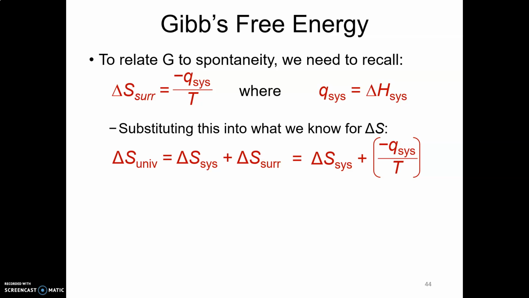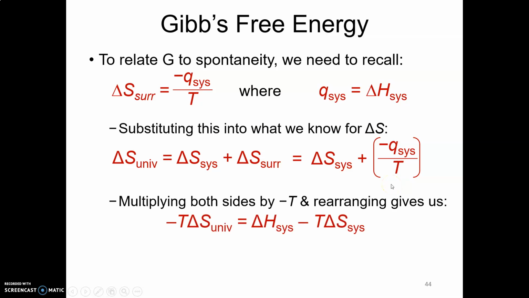We want to relate the universe to only one of the two, so we can replace surroundings with something that relates to system to get everybody onto one plane. Don't worry about following through all this. I'm just talking you through it. You don't have to memorize any of this or be able to duplicate it. If we take this and multiply both sides by negative T, take a look at what this is. It becomes delta H minus T delta S, which is exactly what delta G equals.